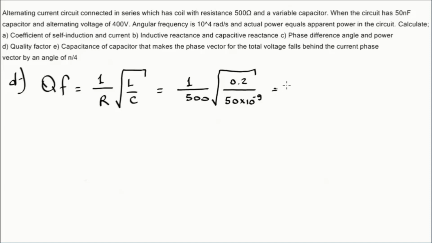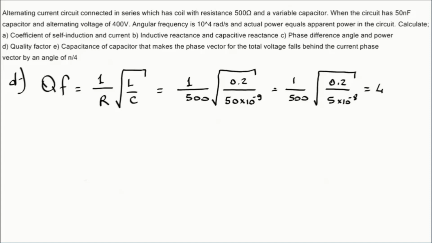And it will be 1 over 500 times the root of 0.2 over 5 times 10 to minus 8. Now I'm going to write the result directly in a short way. It's going to be 4.